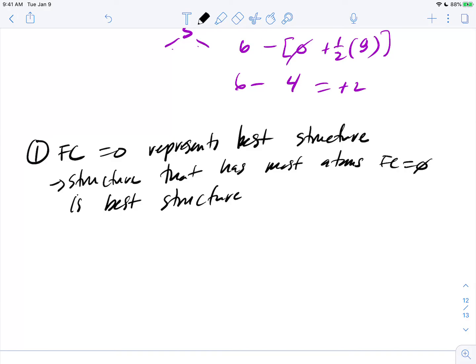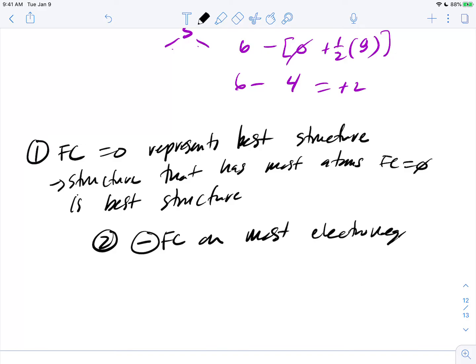In that case, the second rule is based on if you have multiple structures and they all have the same number of formal charges of 0, maybe that's 1, maybe that's 2, then we're going to say the structure which puts the negative formal charge on the most electronegative atom is the best structure. And we're going to do an example of this next. So you can see if we can write the structure, right?